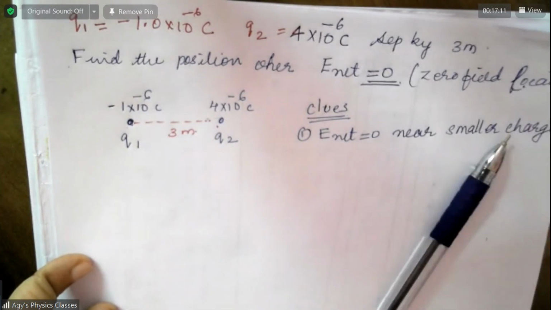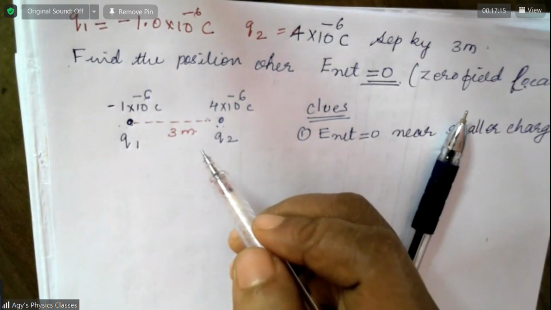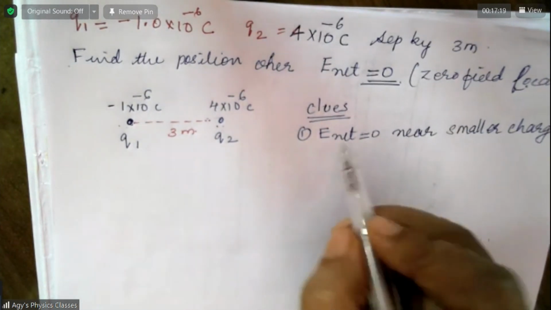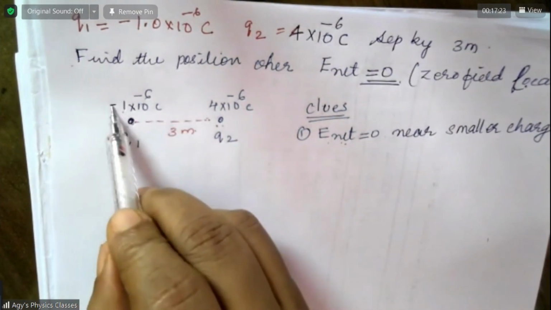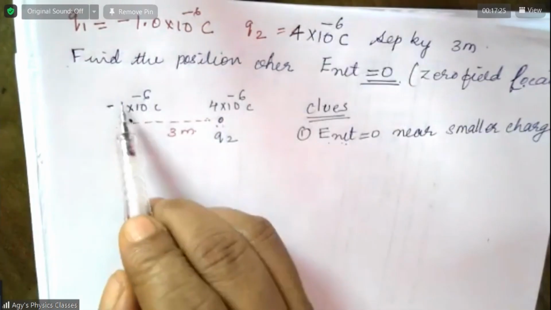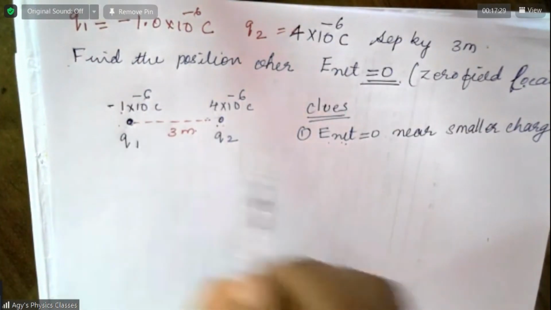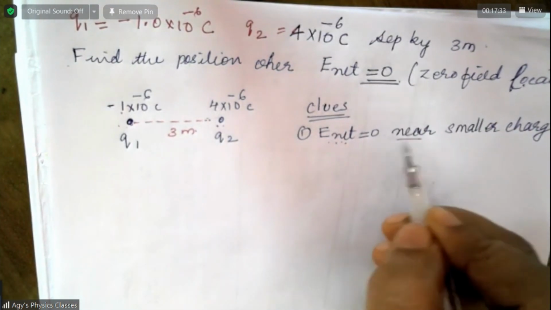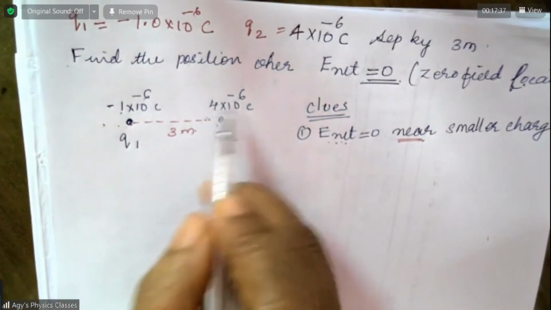So will it be near Q1 or Q2? See, this is the condition. Q1, because it is 1. Don't think about the positive or negative. This is 1, this is 4. So the first clue is you have to find a point near the smaller one. So you can forget the region around the other one.